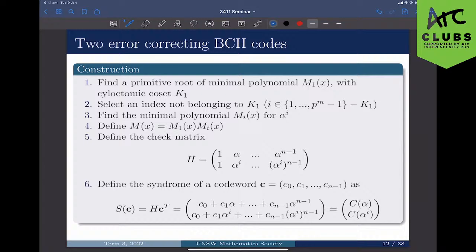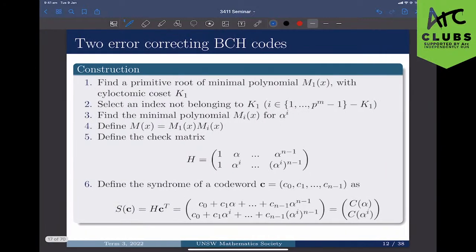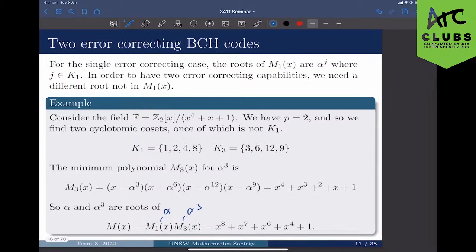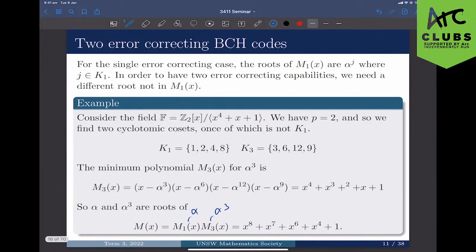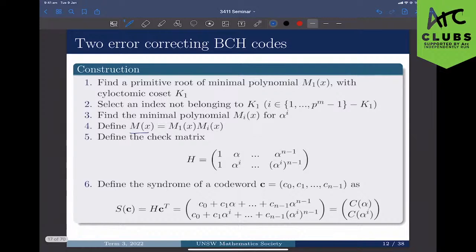So we're going to look at how two-error BCH codes are constructed, but it's not as important as encoding and decoding. So kind of like what we did in this previous example, we're going to want to find another minimal polynomial, and we're going to define a big polynomial that's the product of these two minimal polynomials.